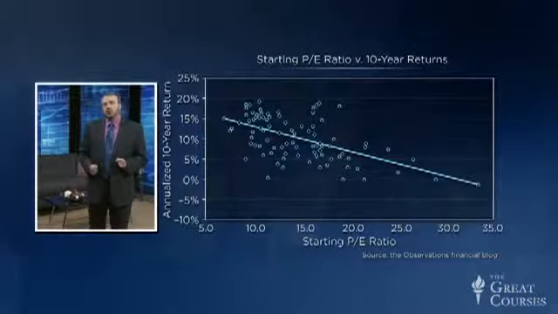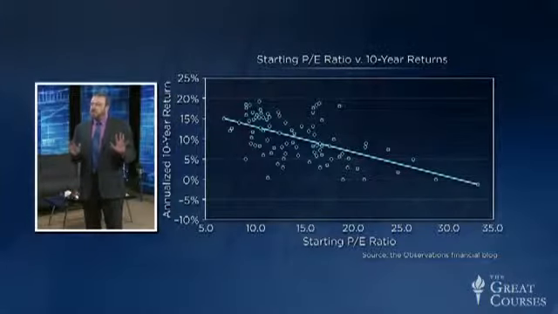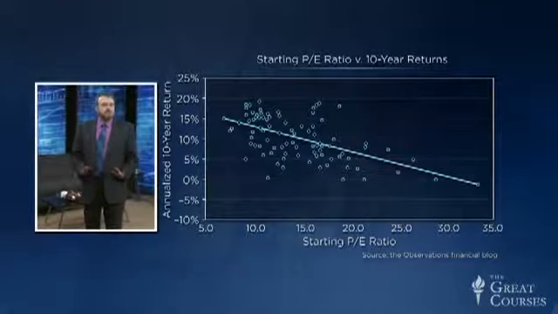Suppose that we look at the historical relationship between the stock market's overall PE ratio and the market's return over the next 10 years. Let's pick a long period from 1901 through 1998. What you'll find is an imperfect but fairly convincing relationship between PEs and subsequent returns.